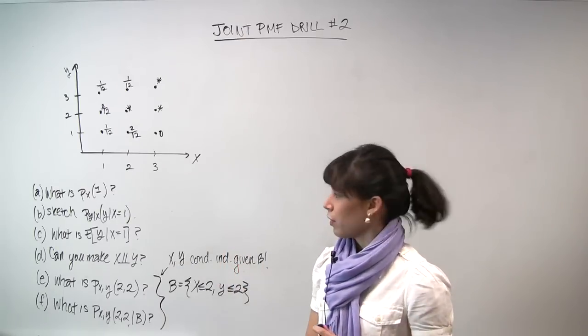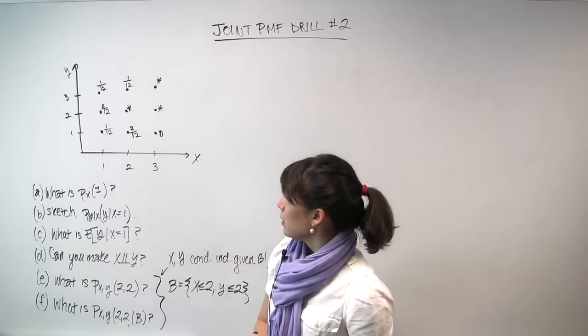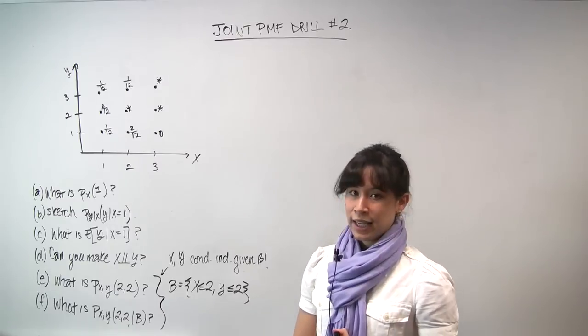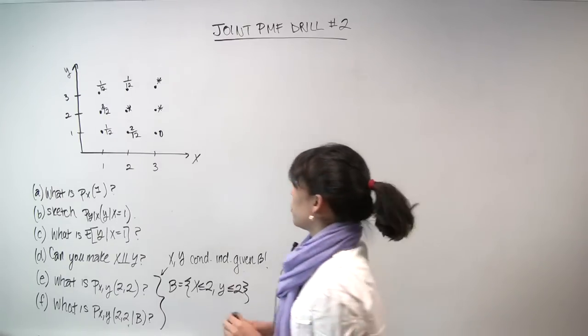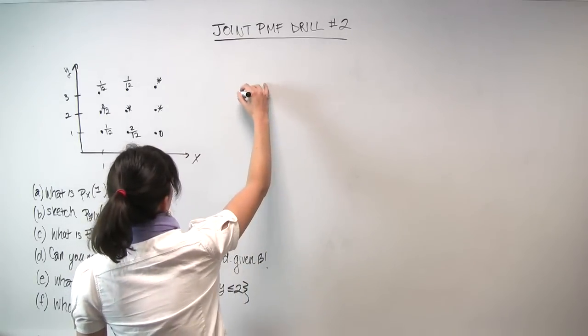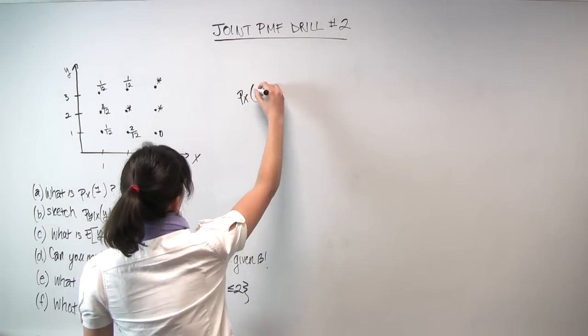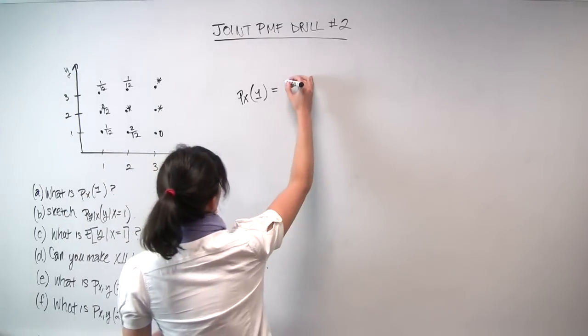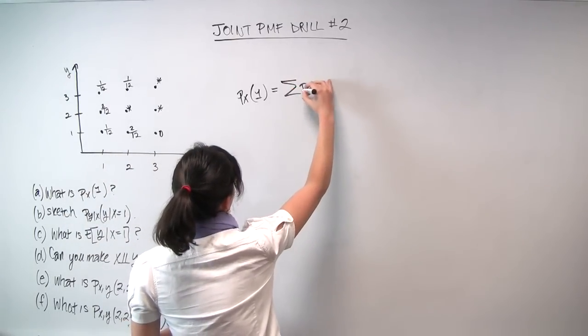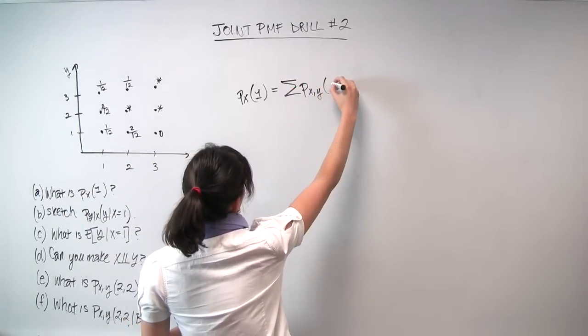So we start off pretty simply. We want to compute in part A the probability that X takes on a value of 1. For those of you who like formulas, I'm going to use the formula usually referred to as marginalization. The marginal over X is given by summing over the joint.